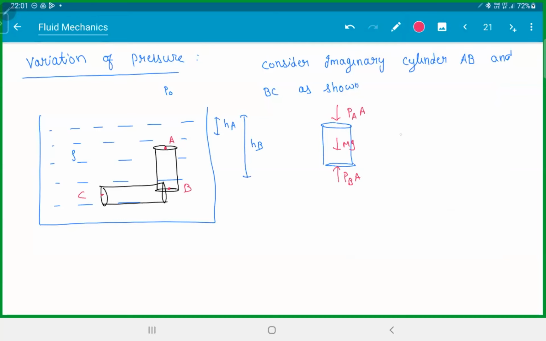Since this is in equilibrium, PB into area minus PA into area will be equal to mg. This will be (PB minus PA) into area. Mg will be density into area and the difference in height, (HB minus HA) into G. Area cancels off. We end up with PB is equal to PA plus rho G delta H.